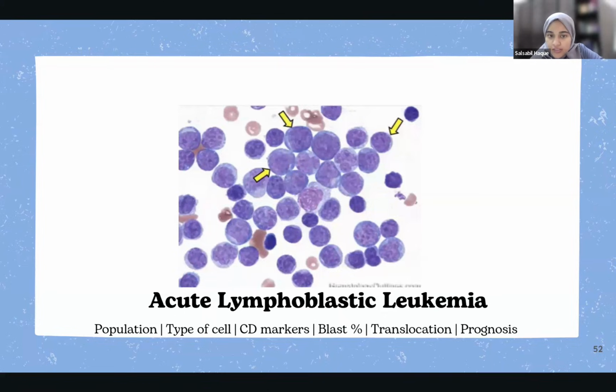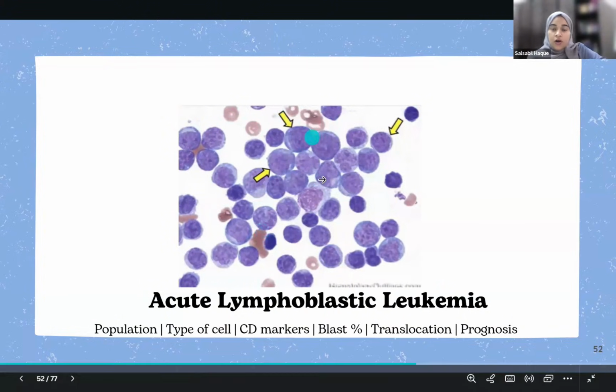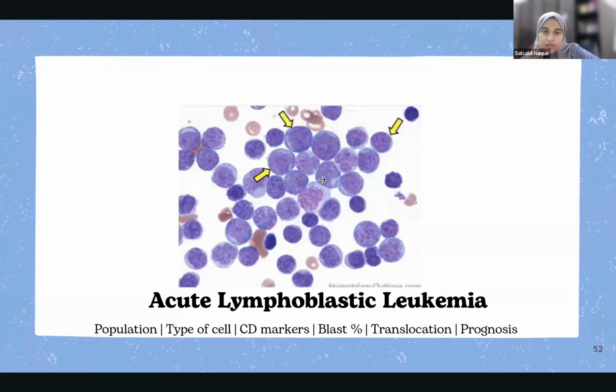What are the causes of ALL? The causes are going to be previous radiation exposure. Most commonly it's going to be idiopathic, or if there's family history of ALL, or, let's say, some infections. Interpretation of the image: I've seen this in a previous SAQ.